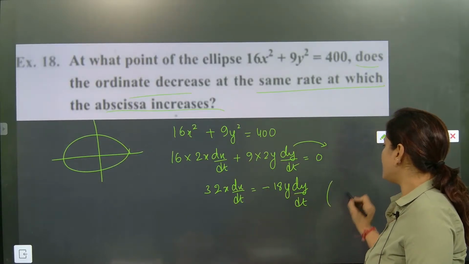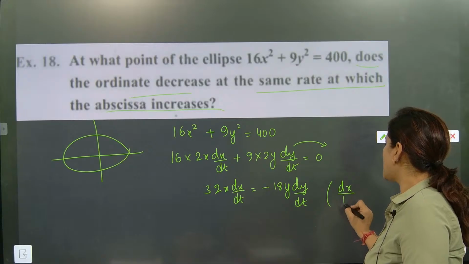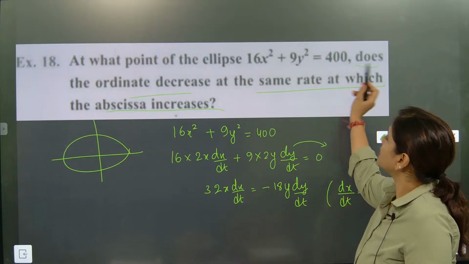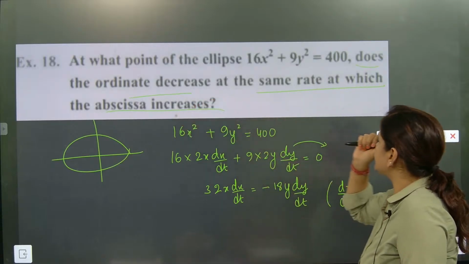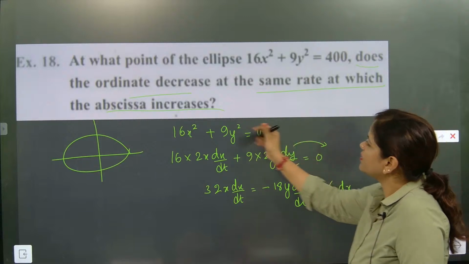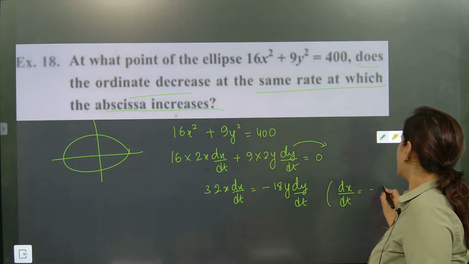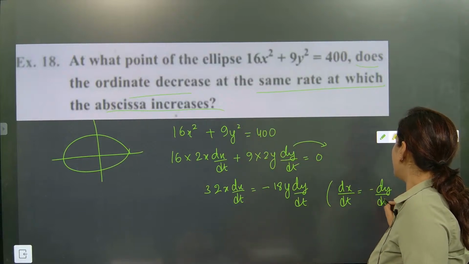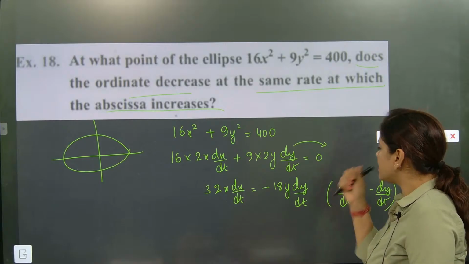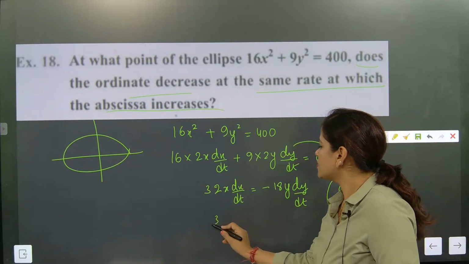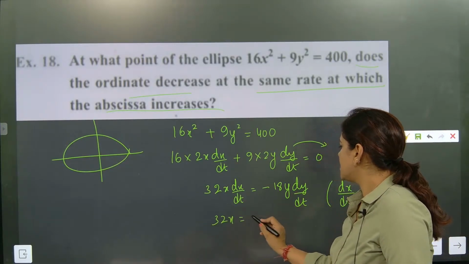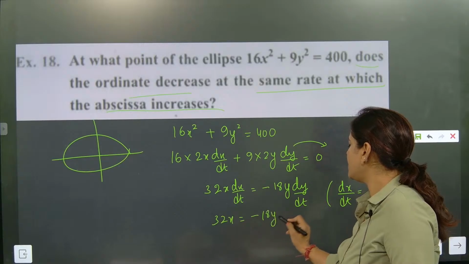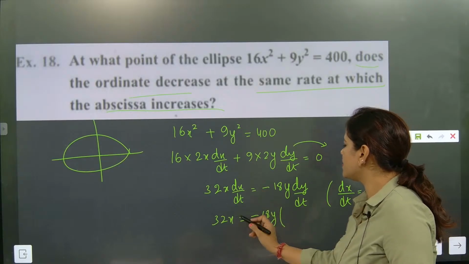Now what they have given: the ordinate decreases at the same rate at which the abscissa increases. So one will increase, another will decrease. Definitely an increase in one will decrease the other. So can I write like this? Minus 18y into this, and this will become dx by dt.